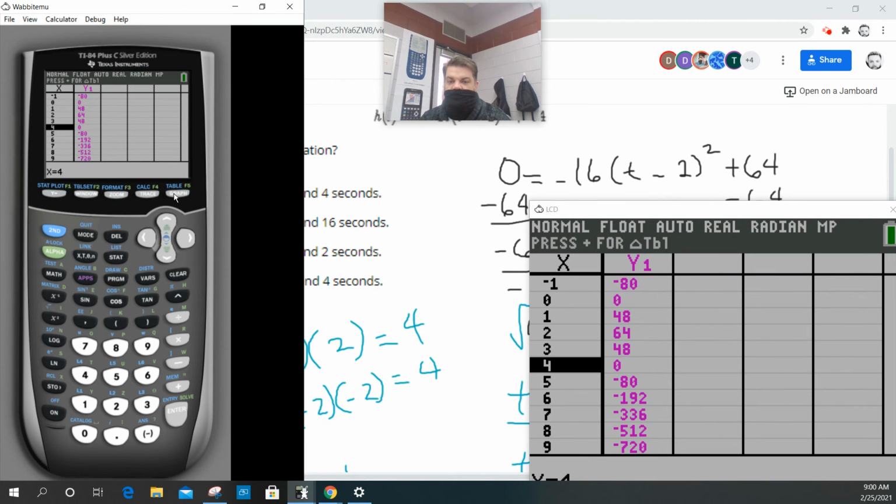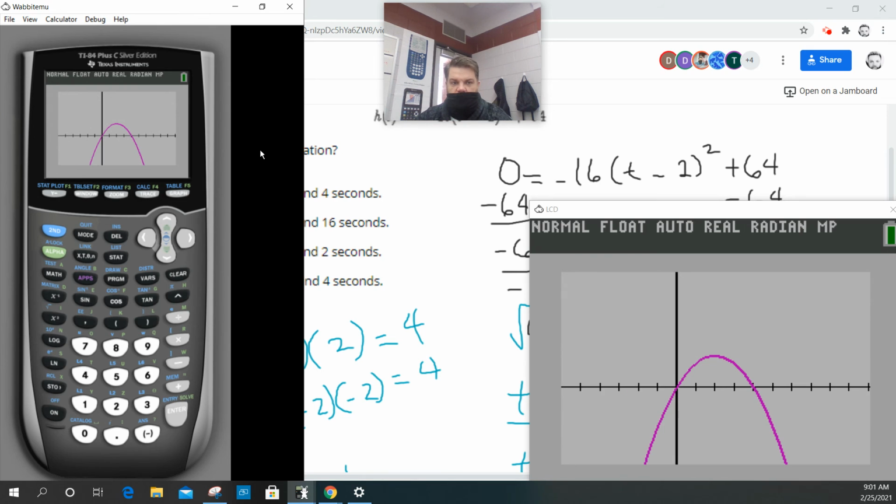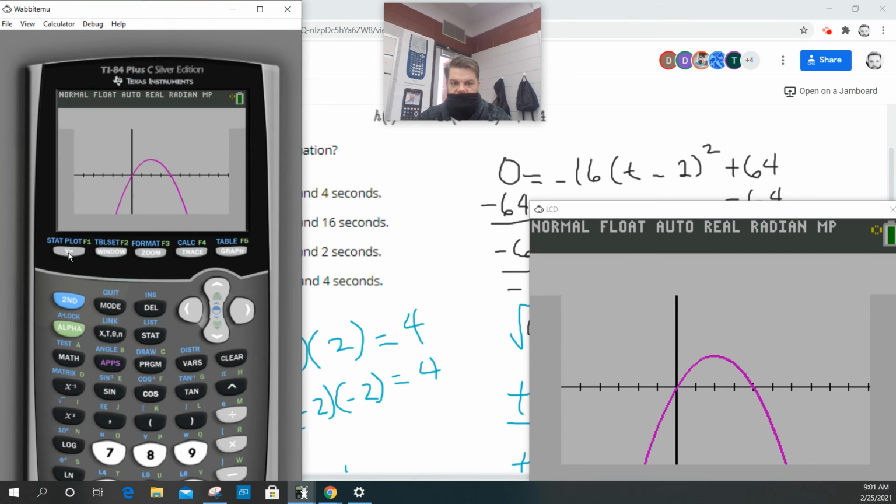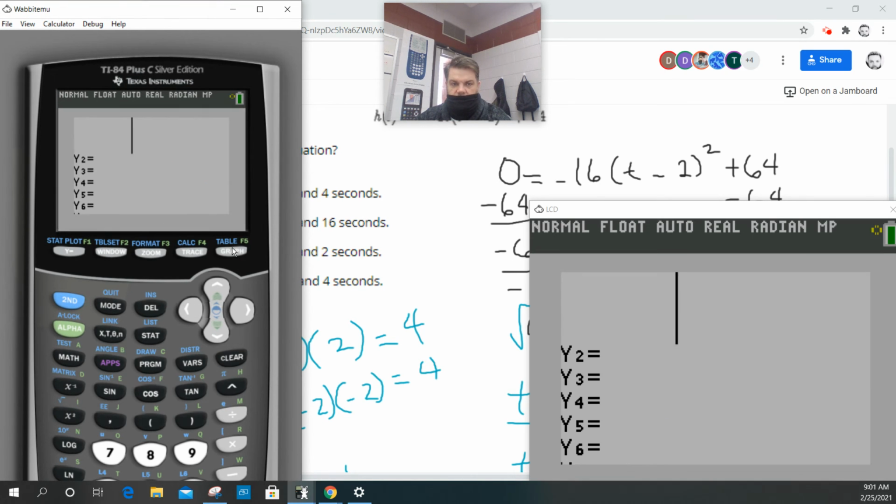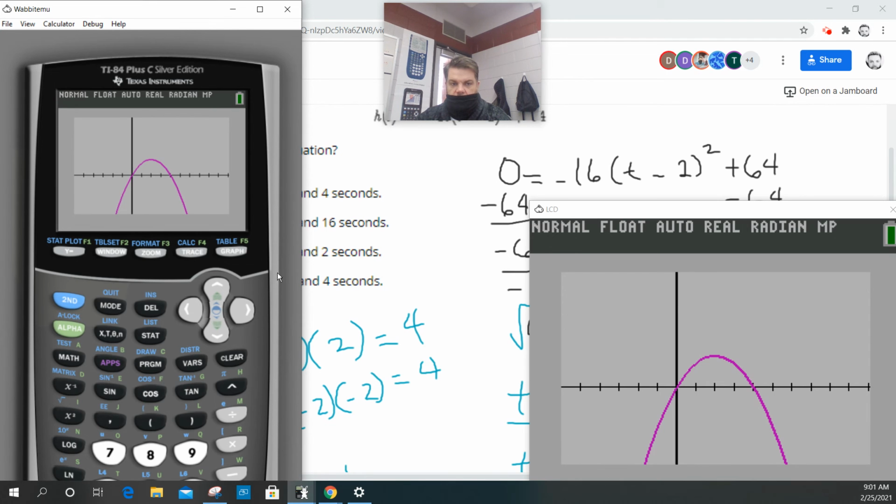When x equals 4, what does y equal? 0. When x equals 2, this is the vertex, what does y equal? 64. So those 4 points are very important. In fact, I'm gonna take a screenshot here of these two things and leave them in your notes.